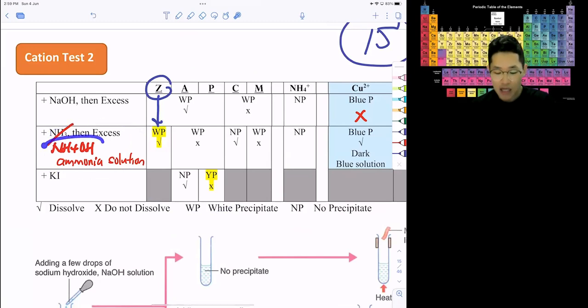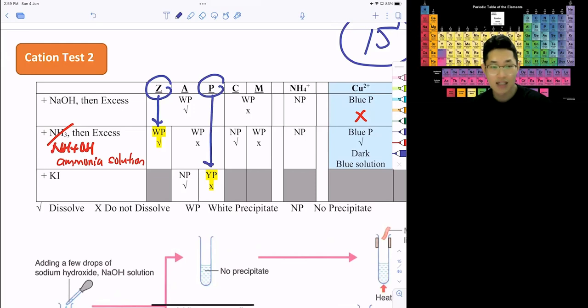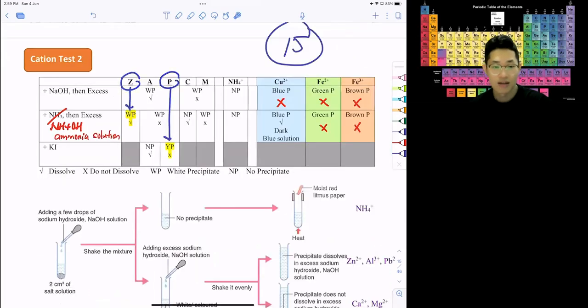We add ammonia solution until excess, and then our observation will be white precipitate is formed and dissolves in excess ammonia solution, just like that. For Pb also the same, you go down to the bottom like that. These are the two most commonly asked cations. The rest are all this part already.